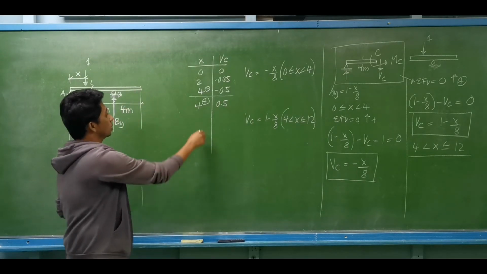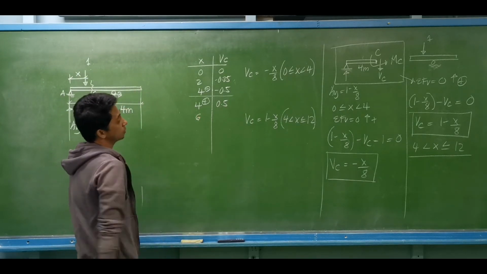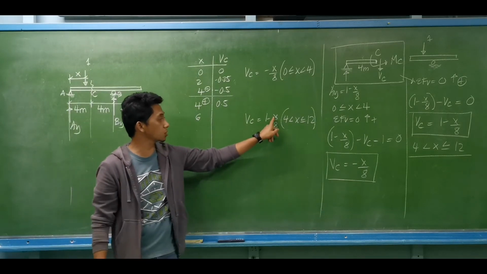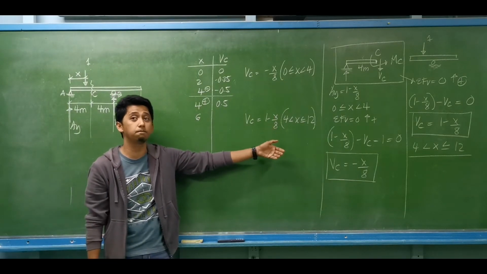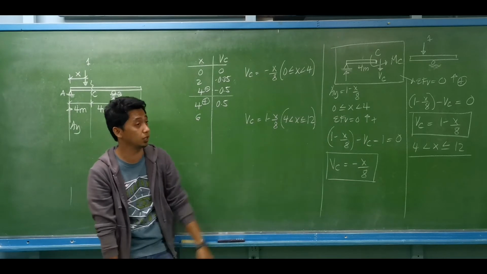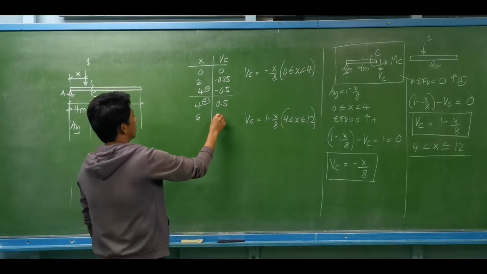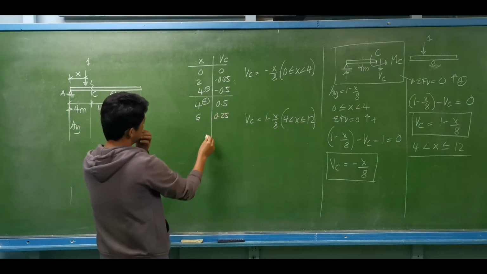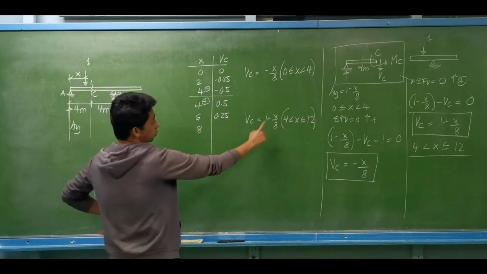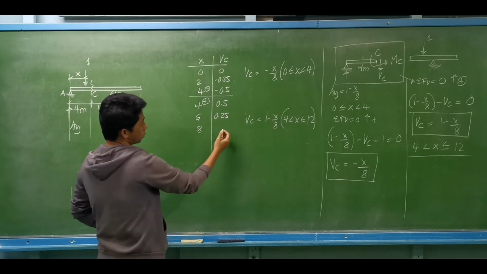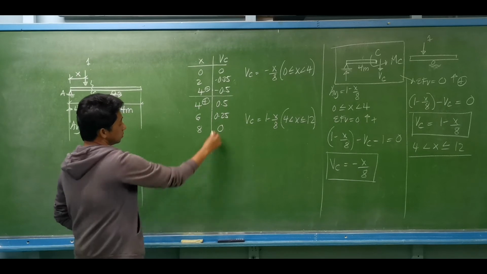Okay, the next, let's say at x is equal to 6. What is 1 minus 6 over 8? 1 minus 3/4 or 1 minus 0.75 is 0.25. At x is equal to 8, 1 minus 8 over 8, that is 1 minus 1, we have 0.